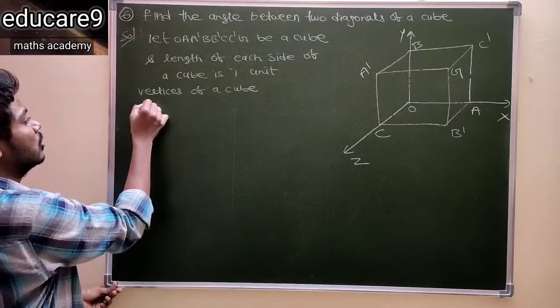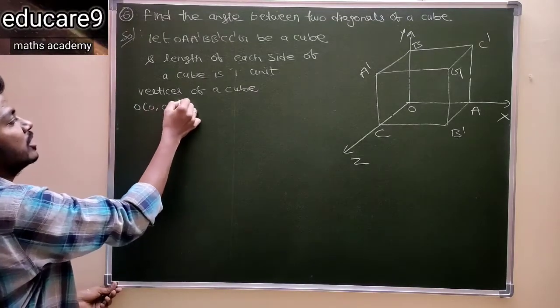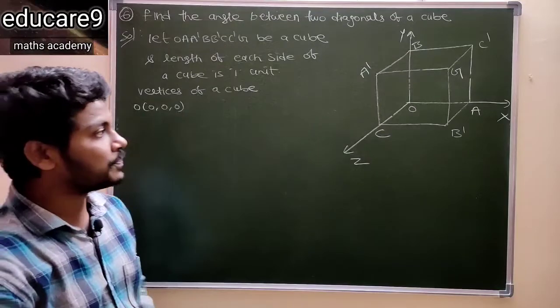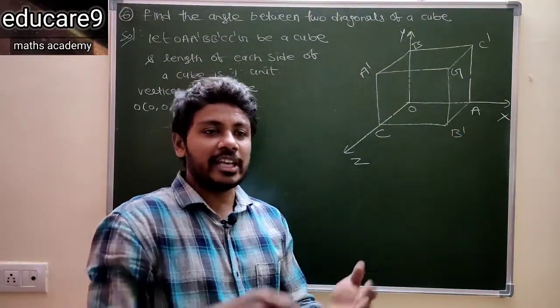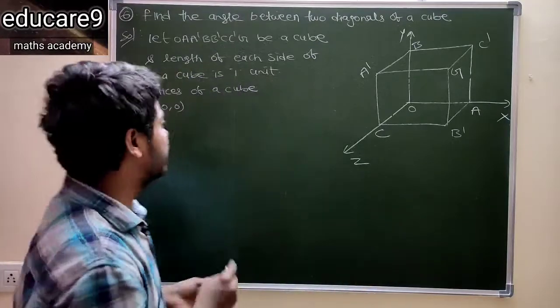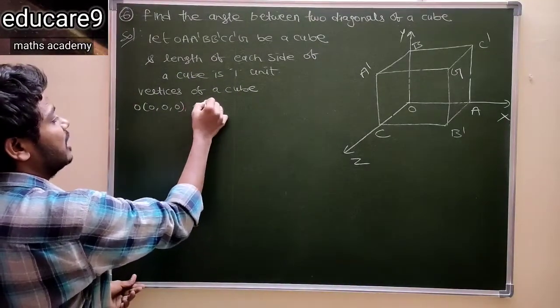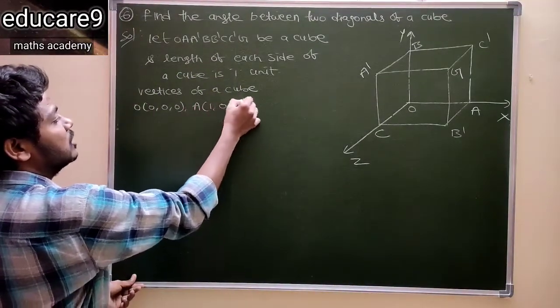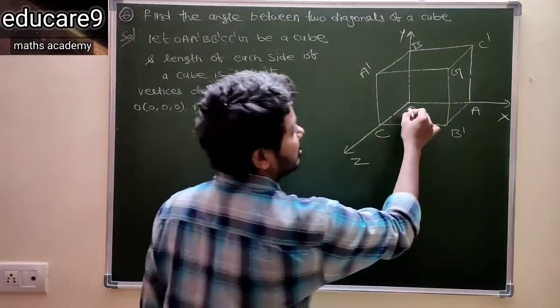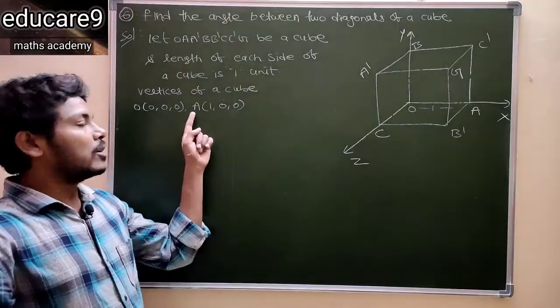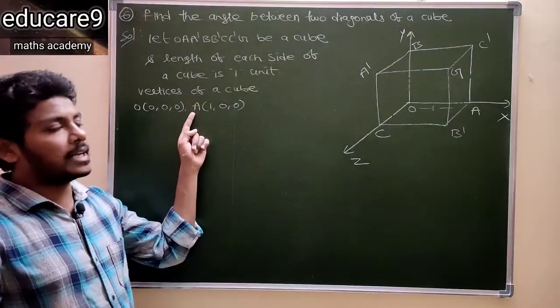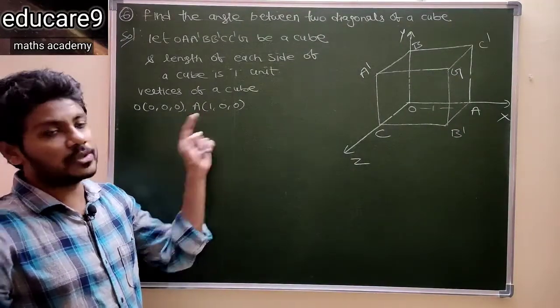First one, O, that is the origin. You know that the origin is 0, 0, 0. And here A lies on the x-axis, so clearly y and z coordinates are 0. Because the length of OA is 1 unit, vertex A is 1, 0, 0.